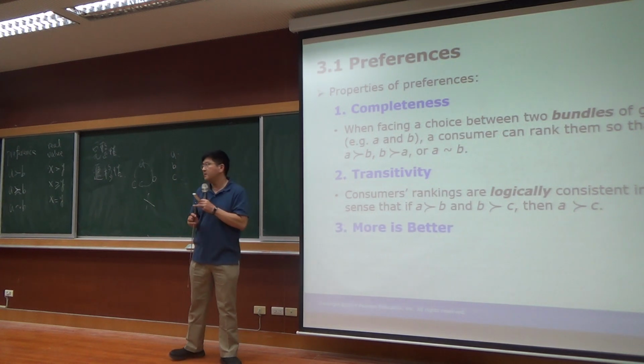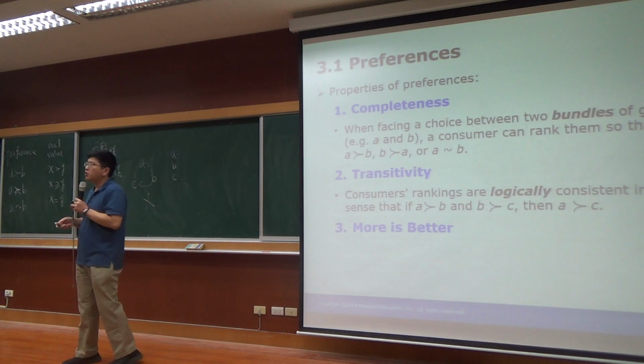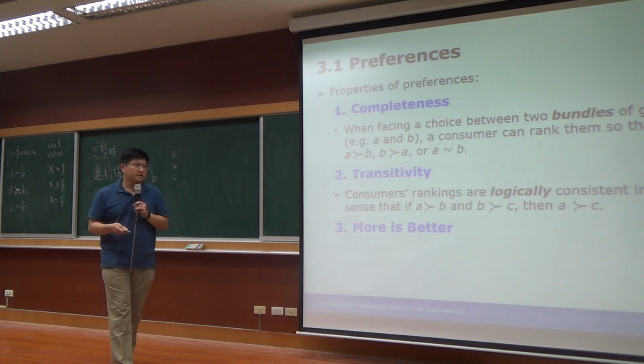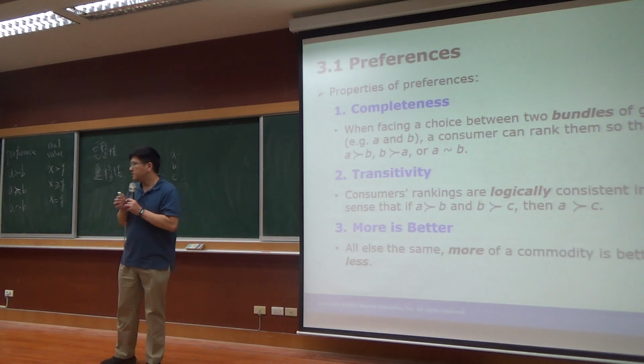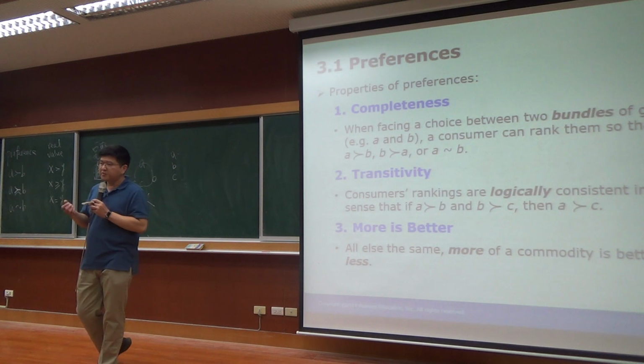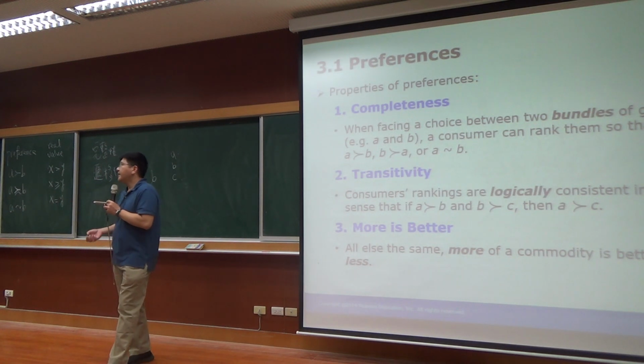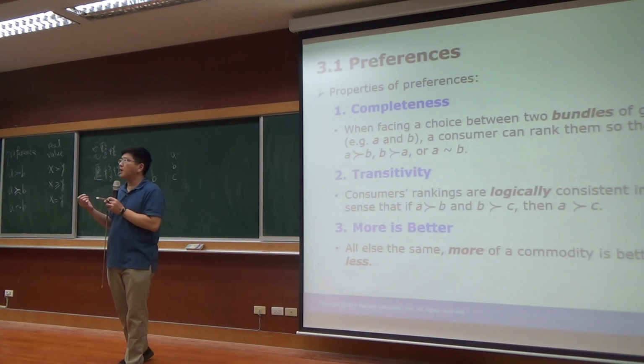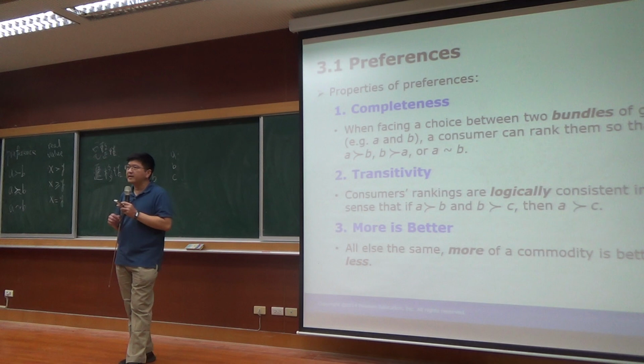And the last one, the third, is more is better. For example, you like Haagen-Dazs ice cream, so for a cup of the ice cream, and how about 2 cups of the ice cream? You must prefer 2 to 1, right?